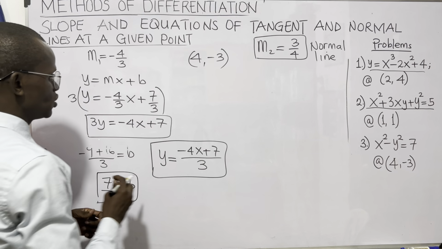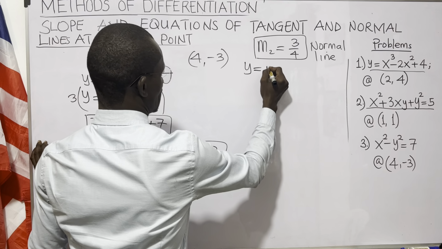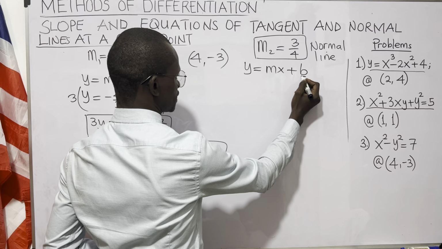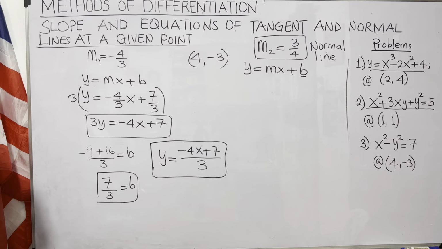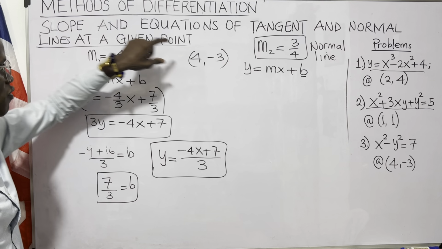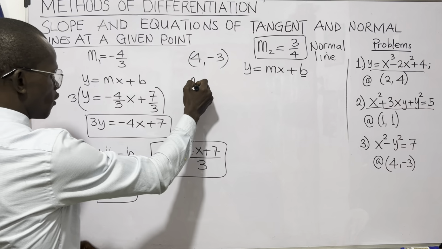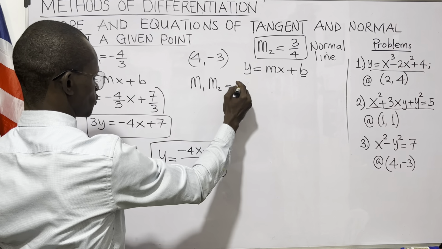So we find the equation now of the normal line. So y equals mx plus b. What we need to find is just our b, because we already know m to be 3 over 4. And we got 3 over 4 from the first slope. Since the two slopes are perpendicular, the product of their slopes must be equal to minus 1.